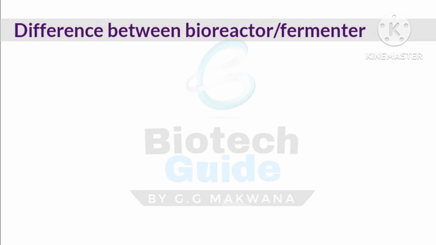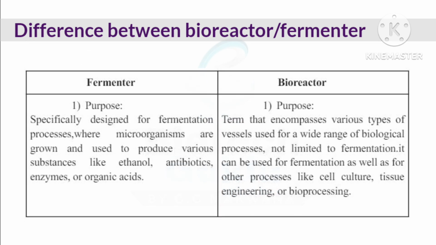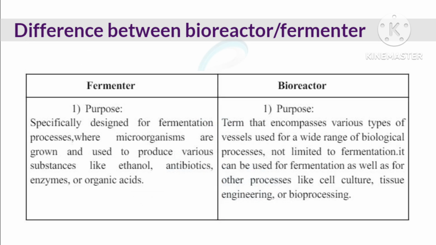Let us first discuss the difference between a bioreactor and a fermenter. Mainly, they are differentiated on the basis of purpose, design, application, and flexibility. First, purpose. A fermenter is specifically designed for fermentation processes where microorganisms such as bacteria, yeast, or fungi are grown and used to produce various substances like ethanol, antibiotics, enzymes, or organic acids.